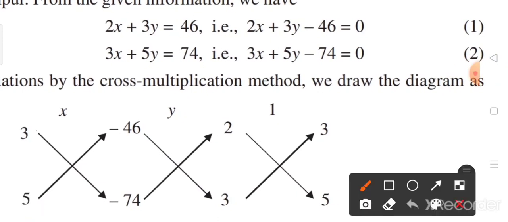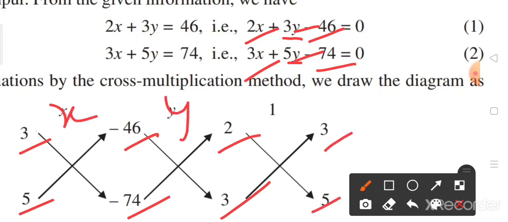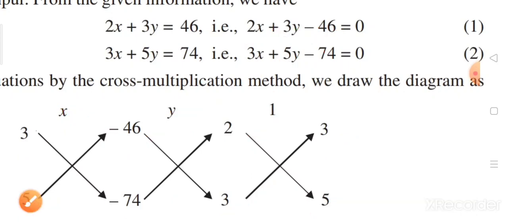After making this diagram, first we write 3, 5, minus 46, minus 74, 2, 3, and again 3 and 5. We write x over here, y over here, and 1 over here. Now first we find the value of x.